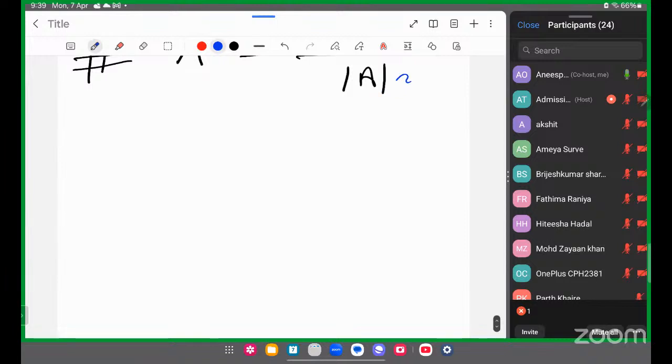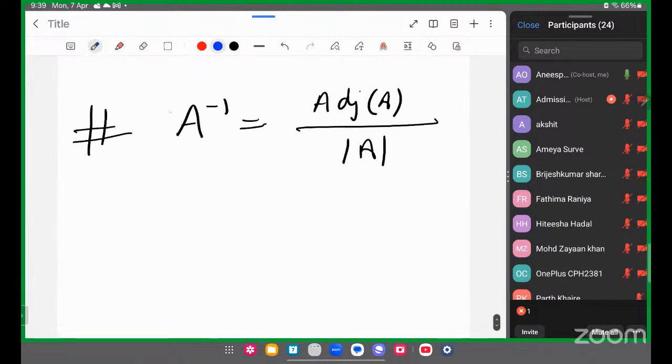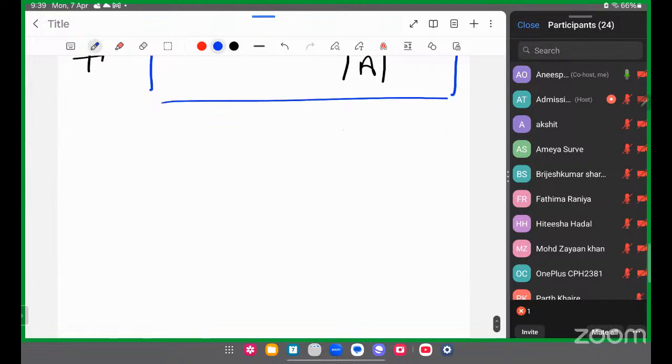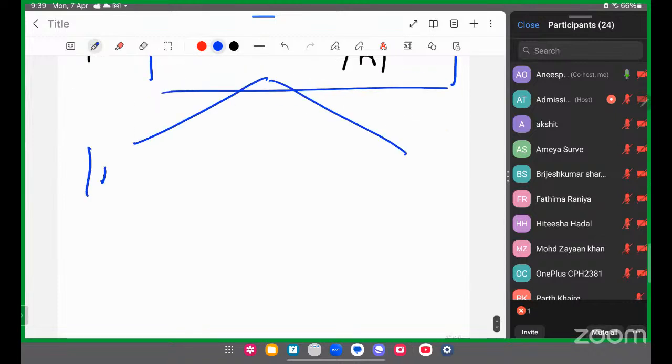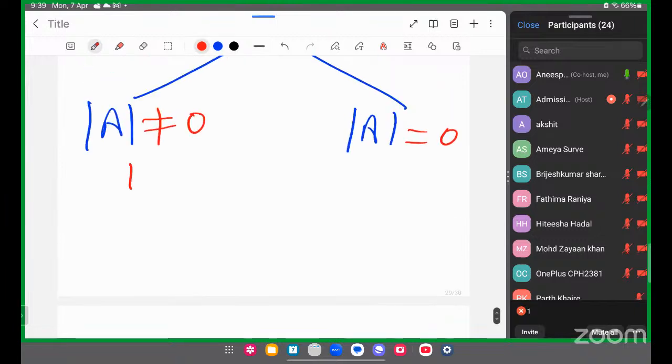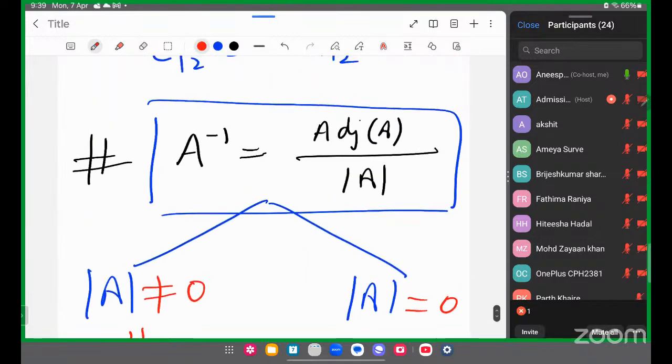Now in the denominator we have the determinant. So first of all, let's understand the role of determinant A. There are two possibilities: either it is not 0 or it is 0. If determinant A is not 0, then there will be no problem for A inverse; it will be adjoint A divided by some finite value.